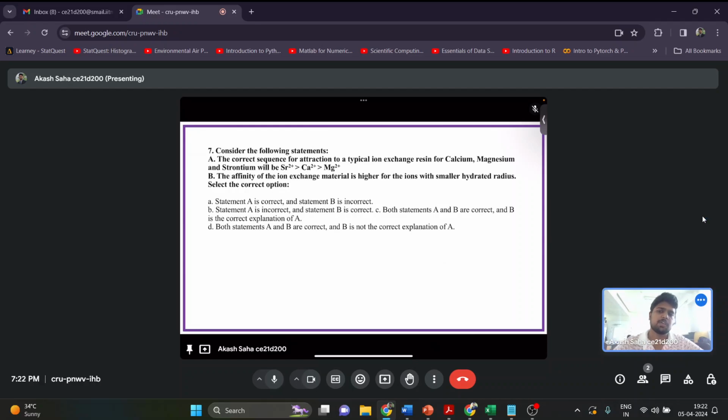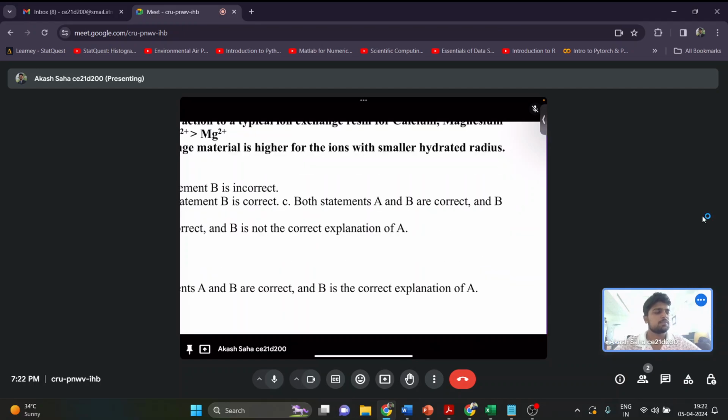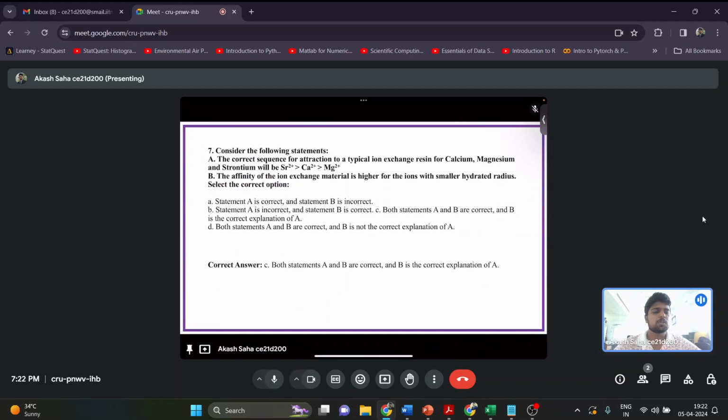So statement B is correct, as well as the correct explanation of statement A. So here the correct option is C, which says both statements A and B are correct, and B is the correct explanation of A. Fine. So this is about the seventh question. Now we will move forward to the eighth question.